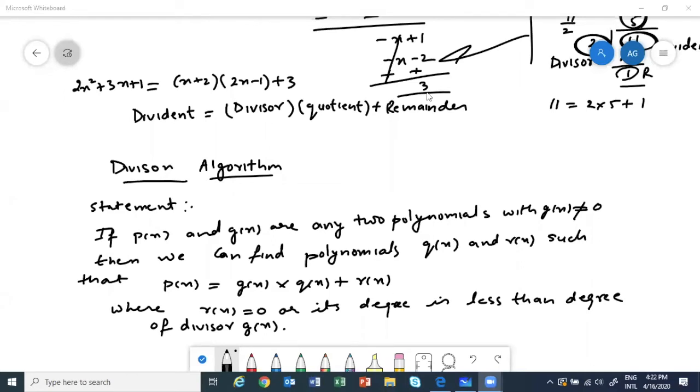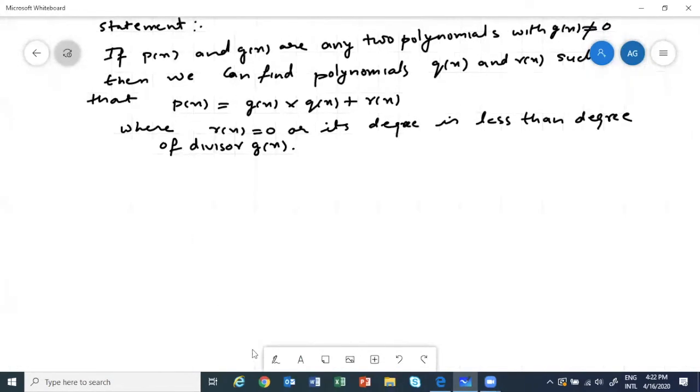It means if you are dividing one polynomial by another, then you can find two more polynomials, one in the quotient, one in the remainder. And we can use the property dividend is equal to divisor into quotient plus remainder. Now there's this example question.